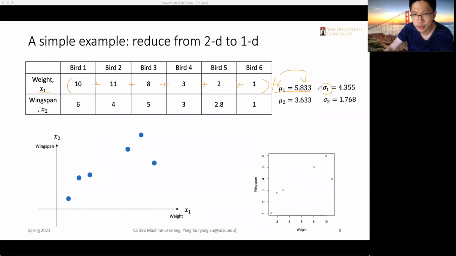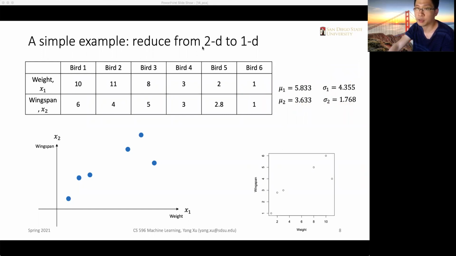The estimated variance or standard deviation can also be computed, which is the summation of each data point minus the mean, squared, divided by n minus 1. That is an unbiased estimation of the standard deviation. We do that for each of these 2 features.